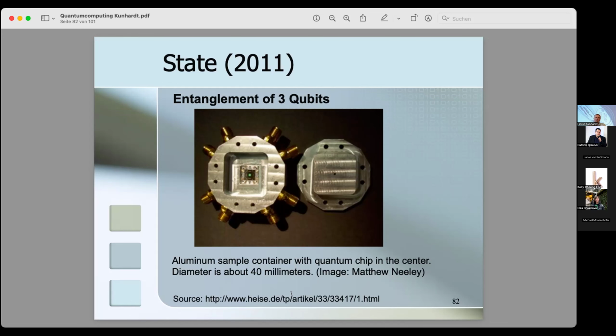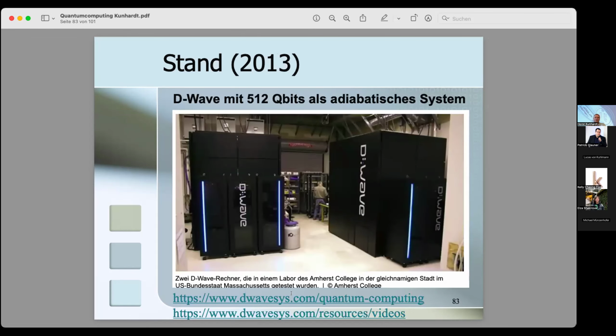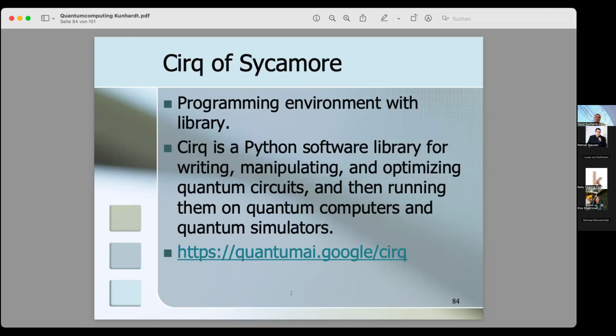You see, there's a robust technology, and here are some examples of the first D-Wave system with 512 qubits. And today we have over 2,000 qubits in the D-Wave system. Google was always a strong competitor in the market.